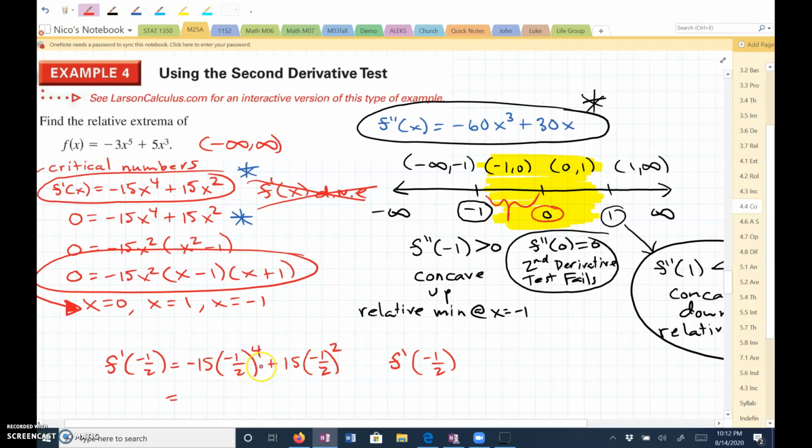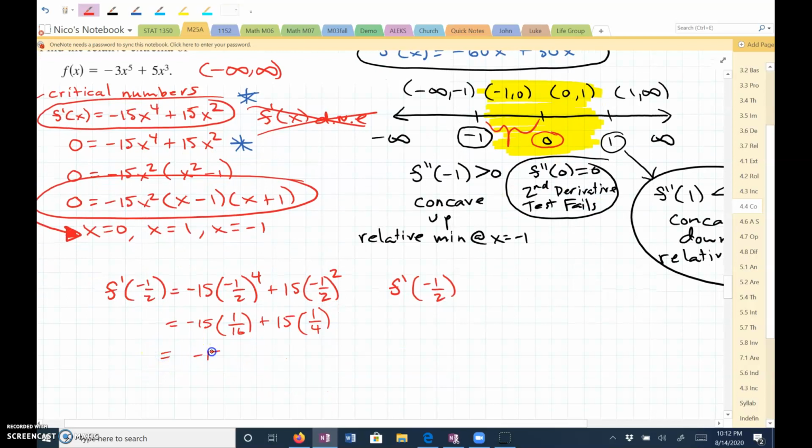So let's see, this would end up being positive 1/16, and this would end up being positive 1/4. So then we've got -15/16 plus 15/4. This is greater than that, so this is going to be positive, greater than 0. So the slope is going to increase here.